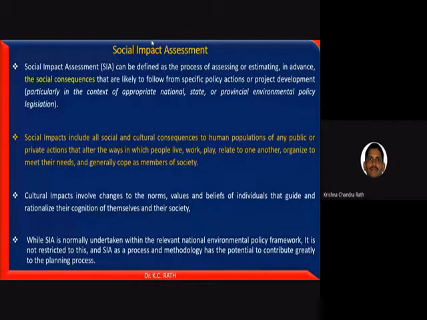SIA was not there in the initial phases of EIA. Because if you look at this definition, how complex it is, it is always overlooked. It is always overlooked even in disaster management, the social side, which is intangible and very difficult to calculate. It's not that tangible.